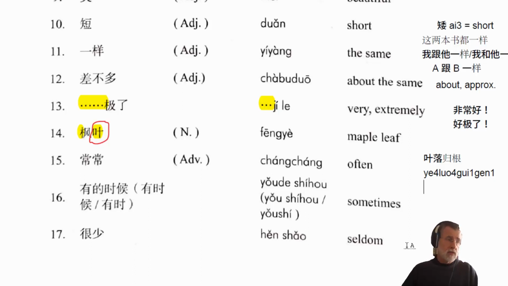So the 常常 there is the expression I missed just before, which is this one, meaning often. Okay, 常常, often. It's an adverb, so it's put before the verb.